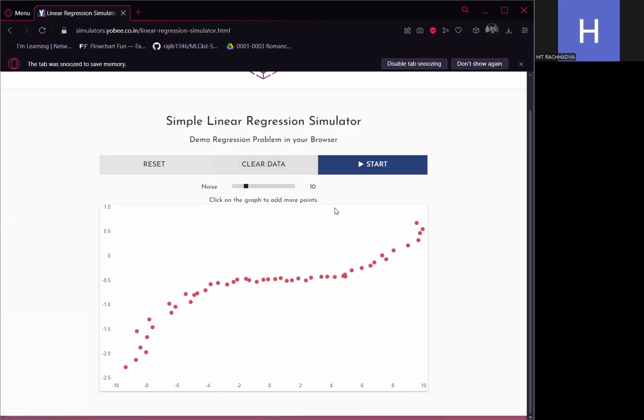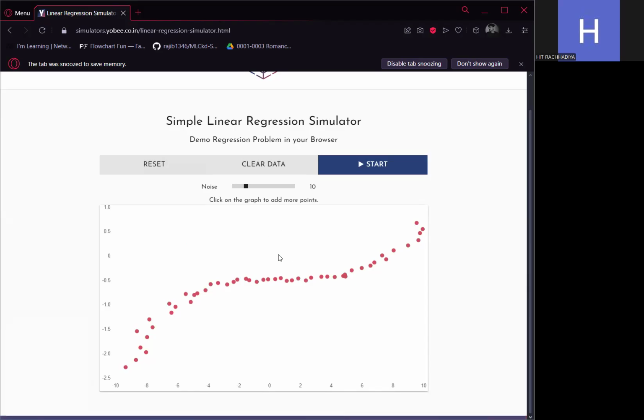The applications of linear regression are to predict numerical outcomes, like house price predictions and sales figures, and we can also use linear regression for identifying trends and patterns in data.